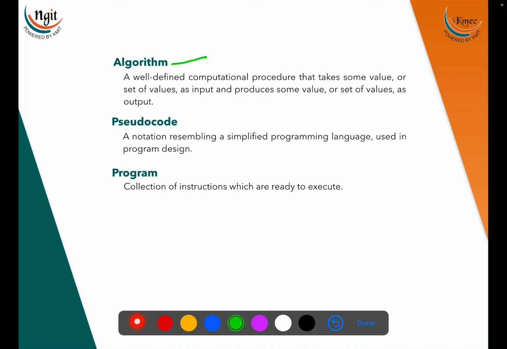Pseudocode is also a step-by-step procedure. Program is also a step-by-step procedure. But the difference is, algorithm is a formal notation. Pseudocode is what? Informal notation. Program is what? Using some language.